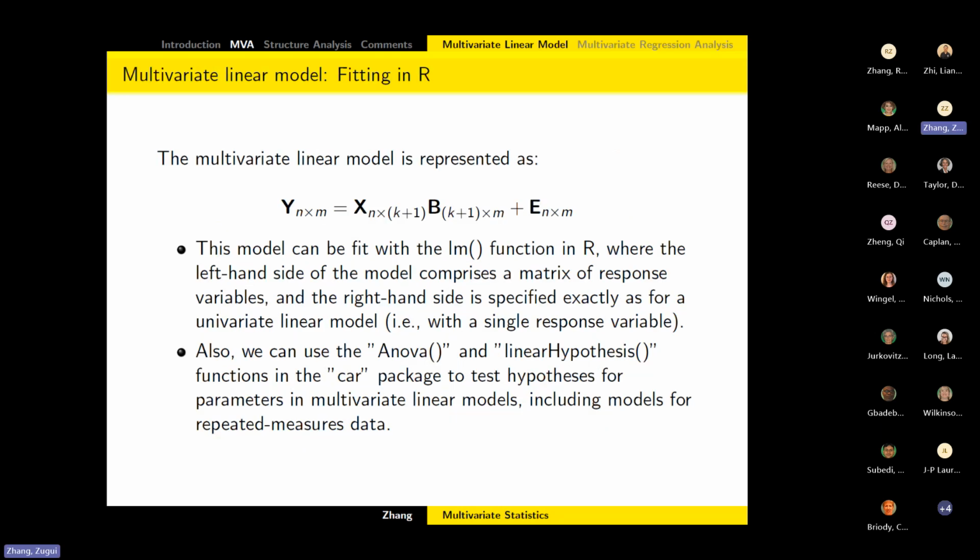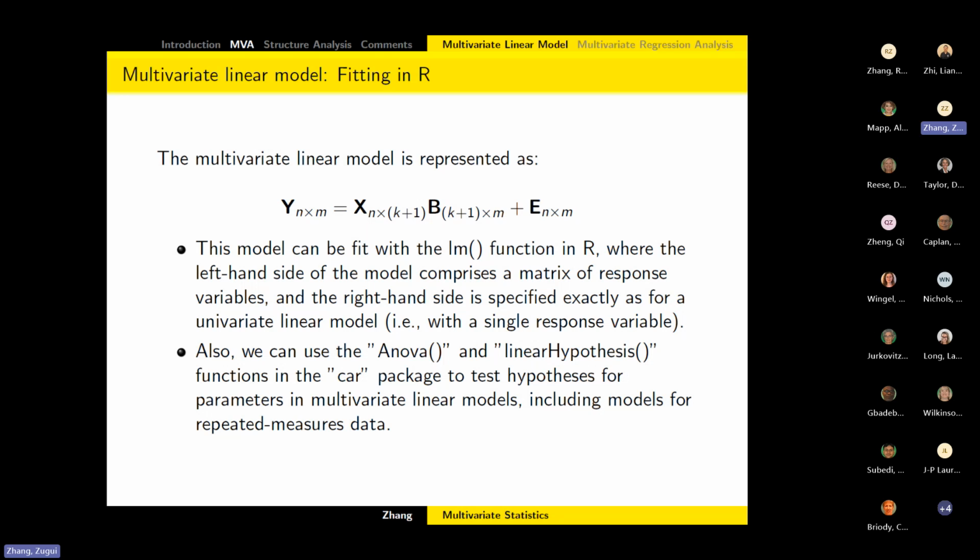The multivariate linear regression is represented by this equation with matrices. And we can use the linear model function in R or other software, where the left side of the model consists of a matrix of response variables, and the right side, as usual, is the design matrix as for a univariate model.